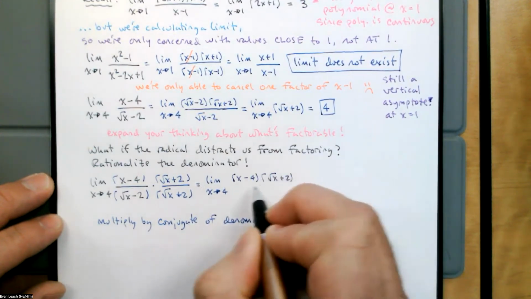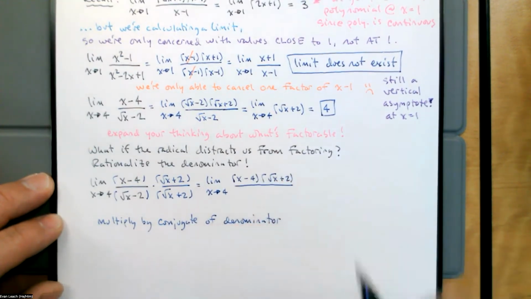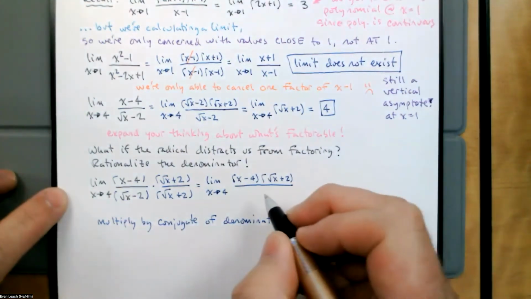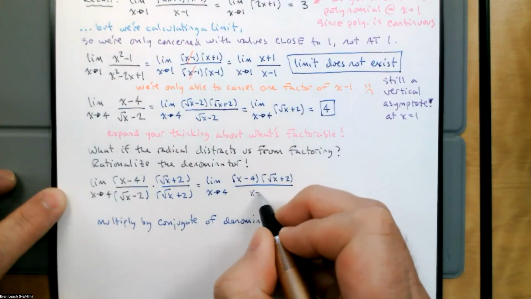Or sorry, factored out. But when I multiply out the denominator, I'm going to use the difference of squares in reverse. And I'll have the square root of x times square root of x is x. The middle two terms will cancel out. -2 times +2 is -4. So I end up with an x minus 4.